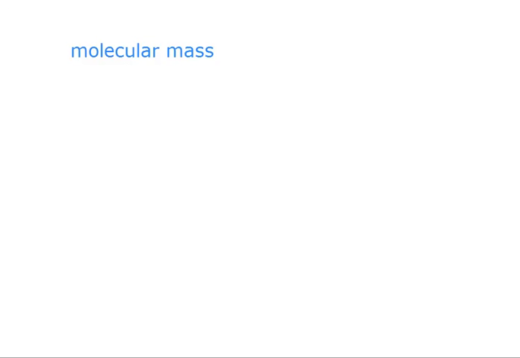The formulas for the molecular mass will be the same as those for atomic mass, but the term will be replaced by molecules. Wherever we were considering the atomic mass, now it will be the molecular mass.